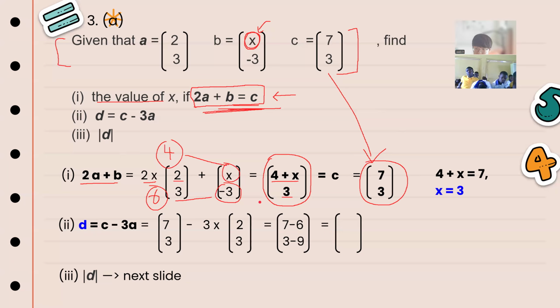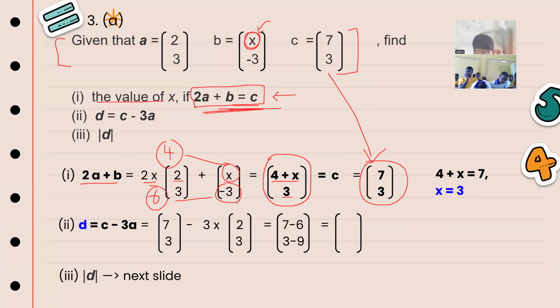So if we solve 4 plus x is equal to 7, then x will be equal to 3. That's how we would solve these questions.